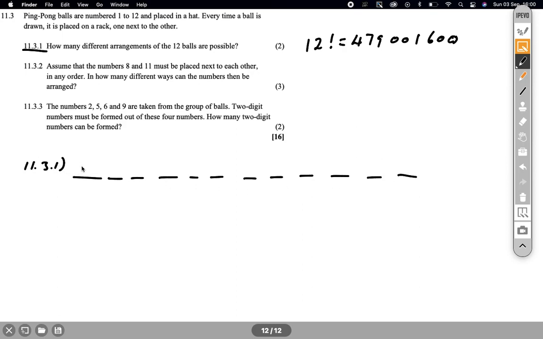For the first spot you have 12 choices, here you have 11 choices, 10, 9, just like that until you have one spot left. You multiply this out, 12 times 11 times 10 times 9 times 8 and so on. Instead of writing that, you can just write 12 factorial.